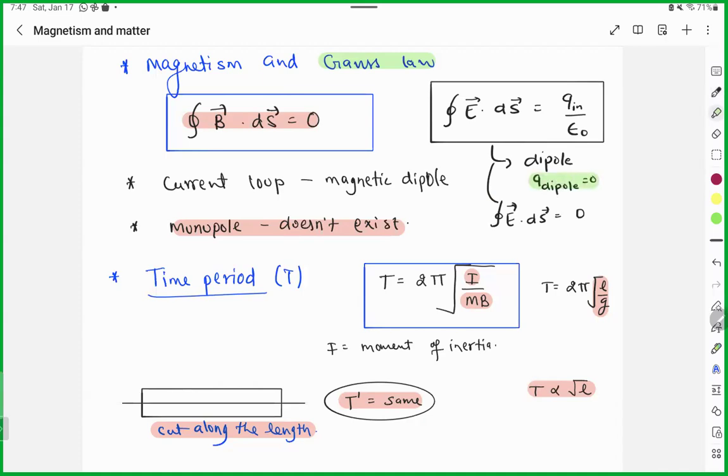Same thing here. If you have a current loop for the magnetic dipole, it will be 0 because monopoles do not exist. Correct? If you have only one pole, like only plus m pole strength, then you will have some value. Same, if you have only one charge, either positive or negative, you will have some value. But for a dipole, 0, because of net charge.